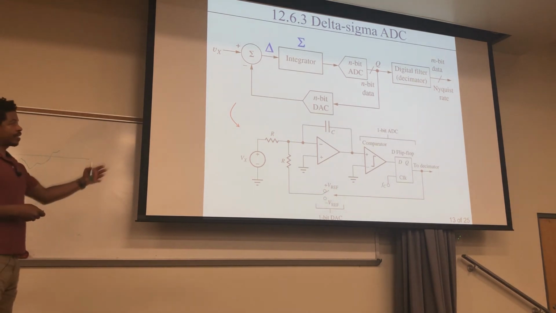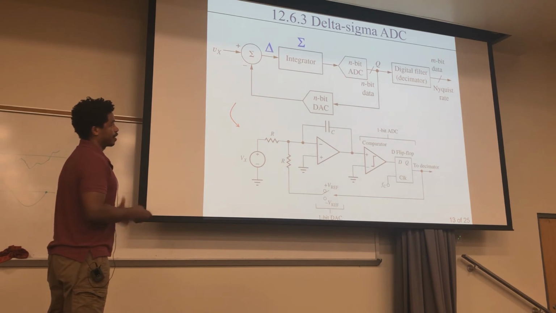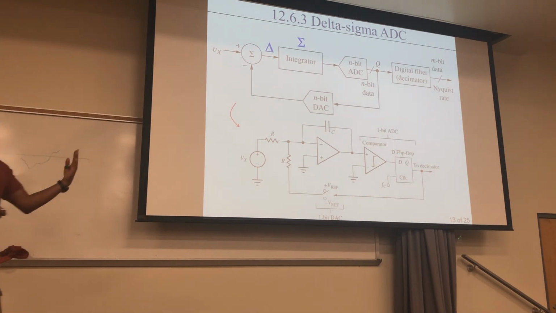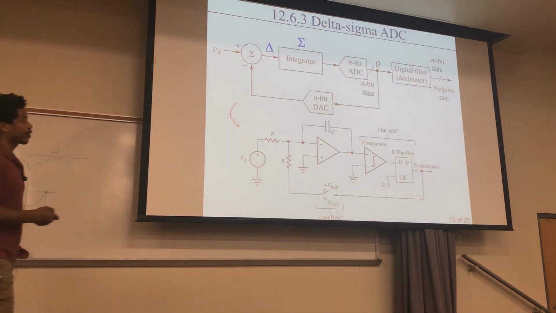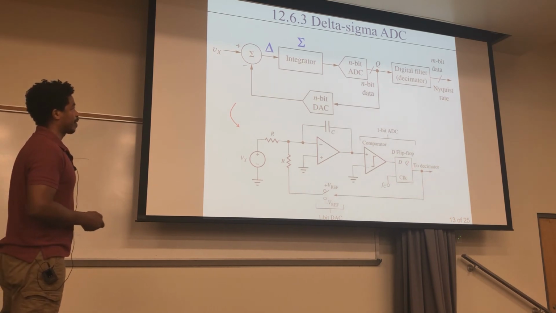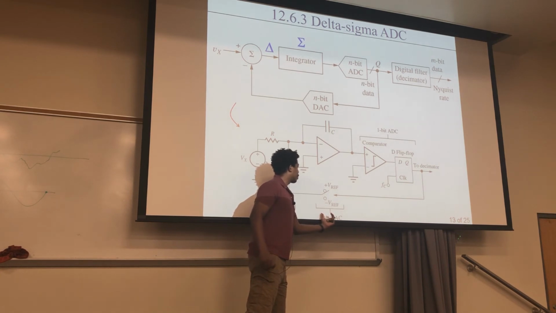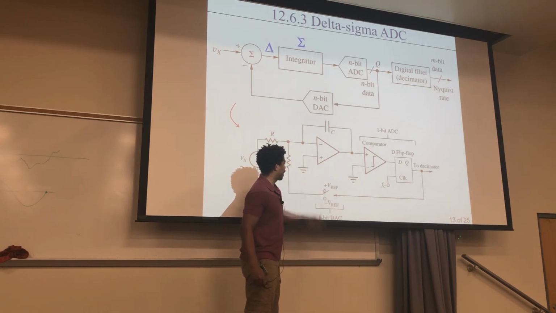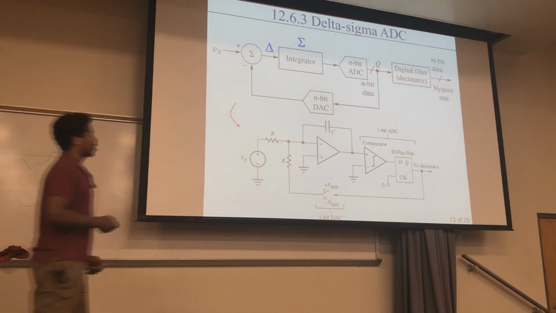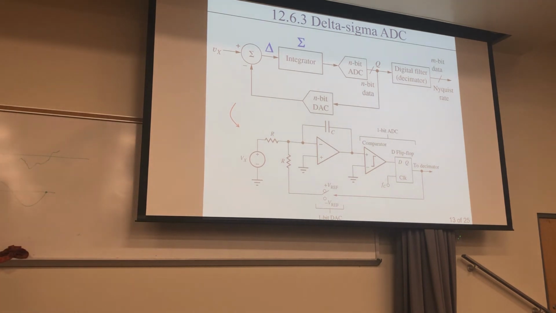And so until it rises again, whatever change happens won't really take place until the next rise. So it has some memory in that flip-flop. And here's the 1-bit DAC coming back. It has 2 states, the VREF and the negative VREF, which you mentioned.